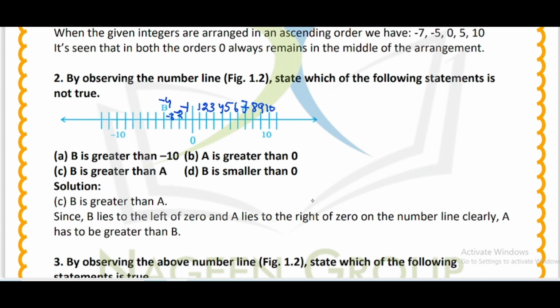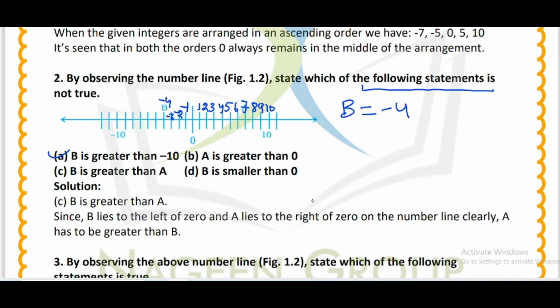Let's see. The question is which of the following statements is not true. Let's see. B is greater than -10. The value of B is given, that is -4.